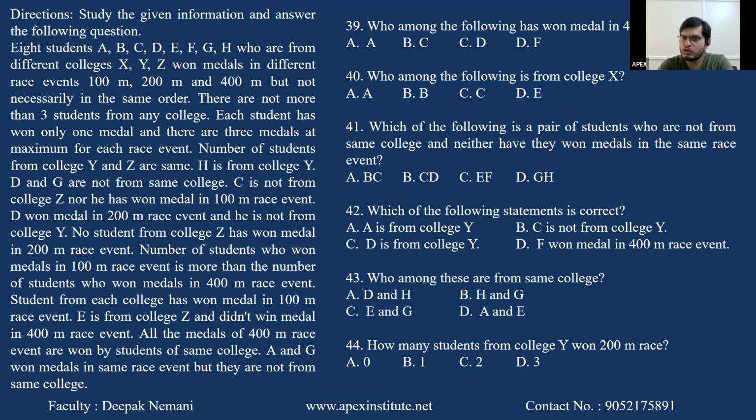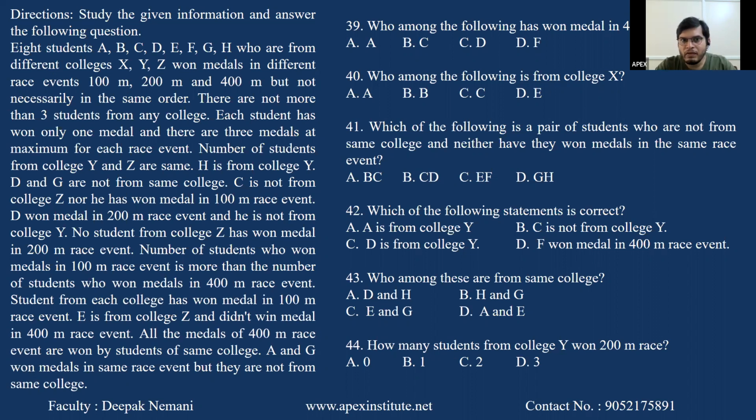So this is my analysis of this paper. Everyone should be in a position to score 12 marks at least in this set, in this paper, and this is definitely not an easy paper. It's on a relatively moderate side, and you can expect questions of this difficulty in your CAT.